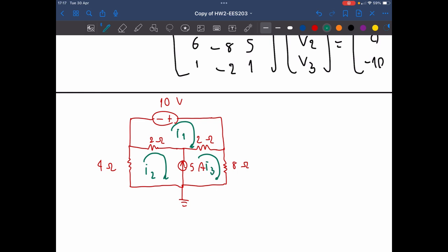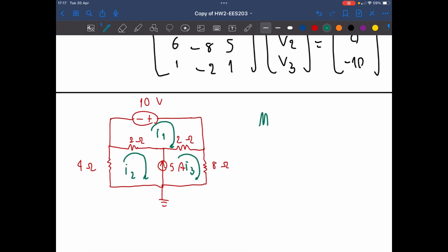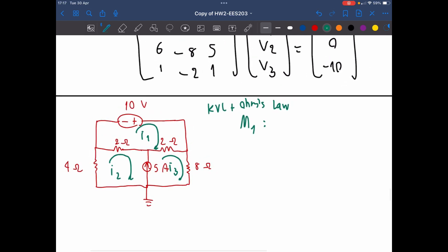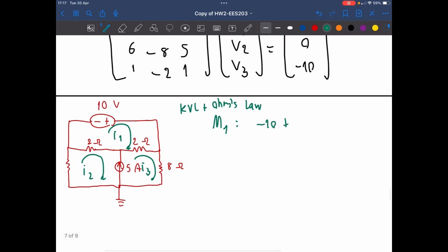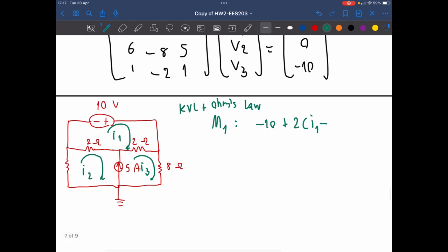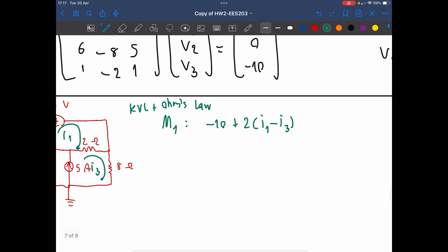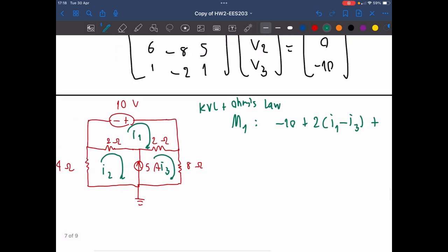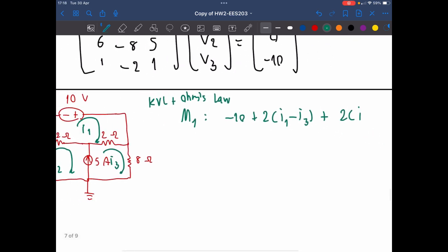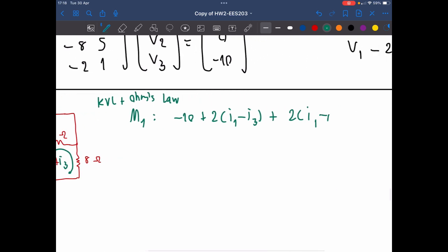Now let's start from the first one, mesh 1 here. By using the Kirchhoff voltage law and Ohm's law, what we get is: minus 10 plus 2 times I1 minus I3, and plus 2 times I1 minus I2.